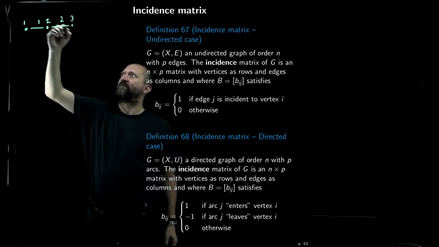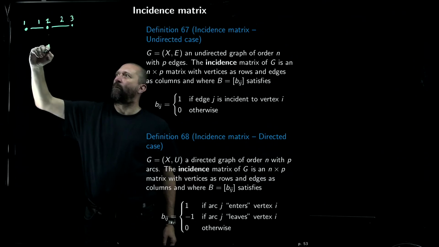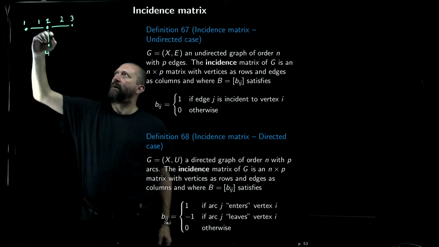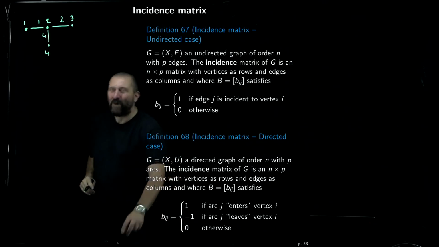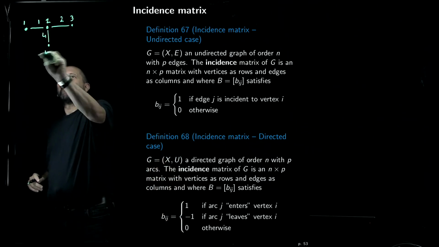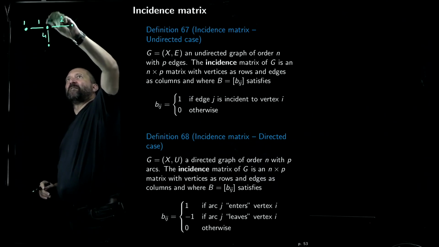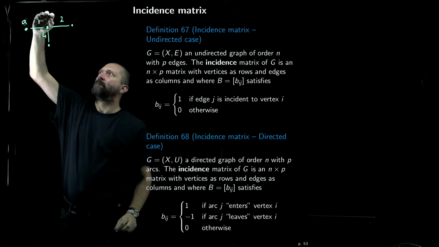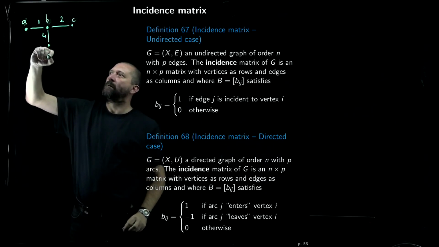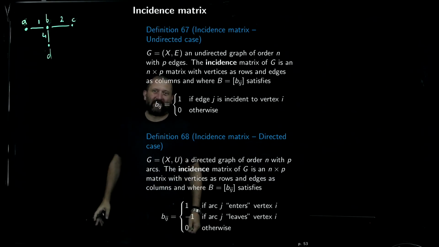And then let me say that there is a 4 here, and that is 4. This is not very clever. Probably let me change this just a tad. Let me make this A, B, C, D, so that it's a bit clearer. The vertices are the letters and the edges are the numbers.